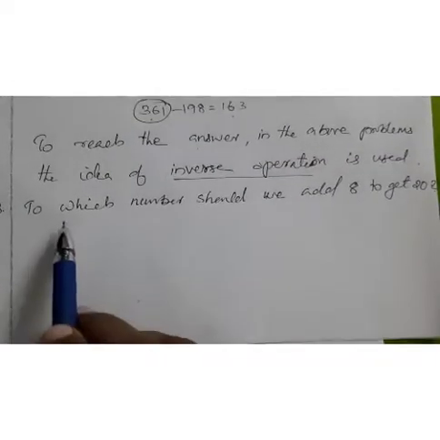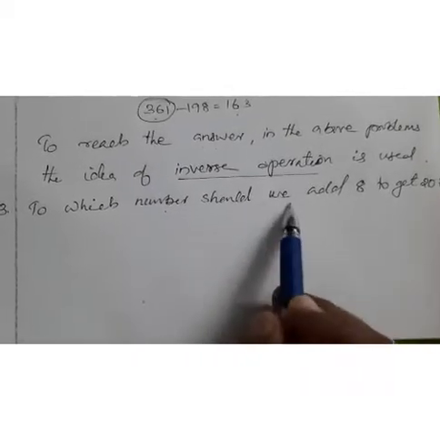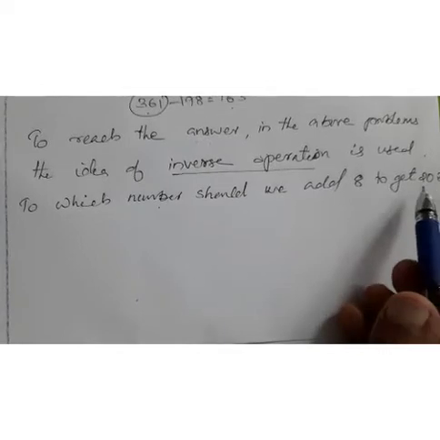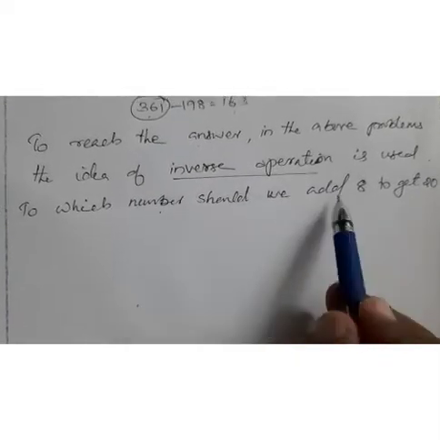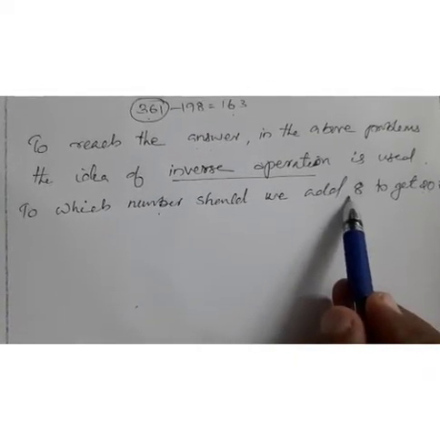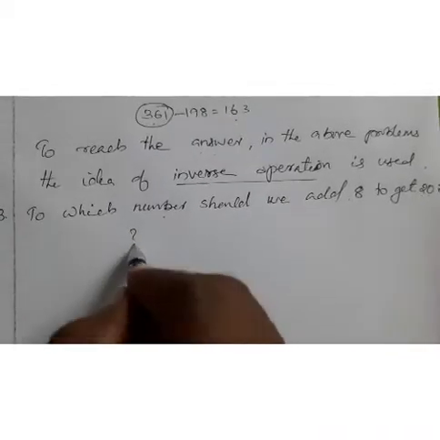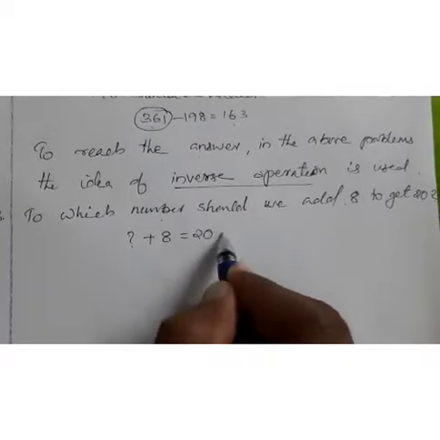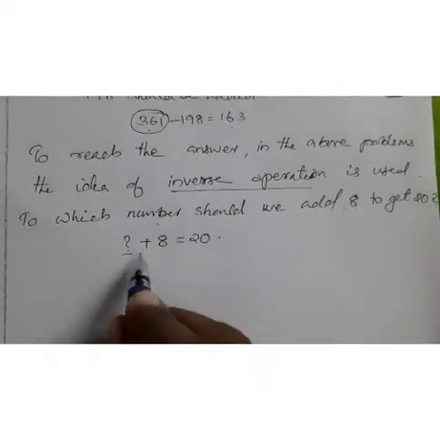See the question. To which number should we add 8 to get 20? For getting 20, what do we have to add with 8? How will you find out that?